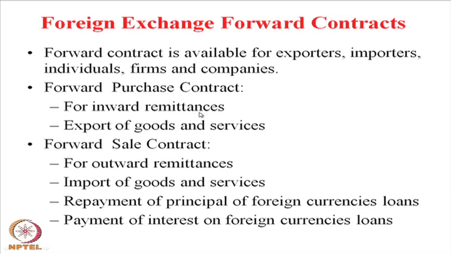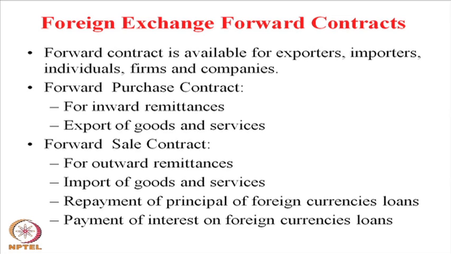For inward remittances, it is applicable to export of goods and services, and the forward sale contract, for outward remittances, is applicable to importers. When an importer wants foreign currency for importing goods and services from abroad, any fluctuation in foreign currency affects them.